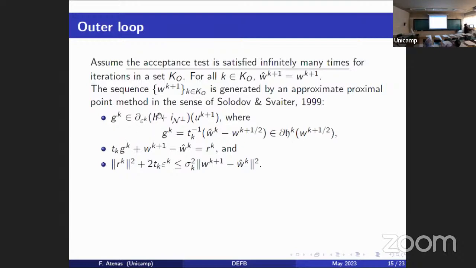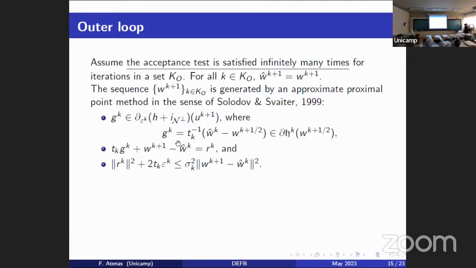Right. So the points generated with our algorithm satisfy 3 conditions of this inexact version of the proximal point algorithm, meaning that we generate a subgradient that is an epsilon subgradient of the original function. Well, here U should be W, not Q. And also we have the acceptance test, bringing with it the error for the step that we make.